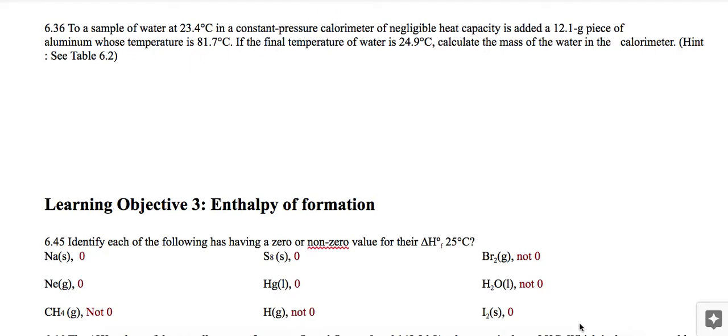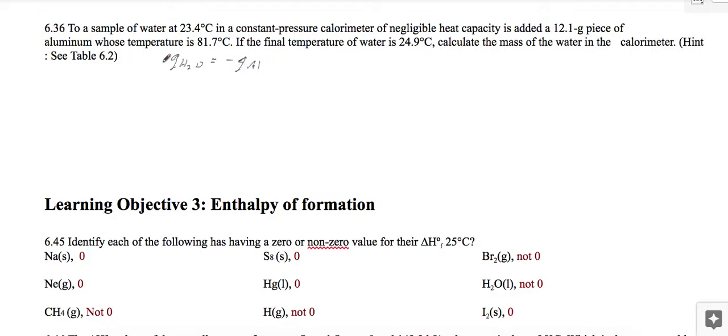So we can still use that same idea that the heat of the water is equal to the heat of the aluminum given off. And notice that the aluminum is the hot temperature here, water is the cold temperature, so the aluminum is giving energy to the water, so we can use a negative sign here for the aluminum.